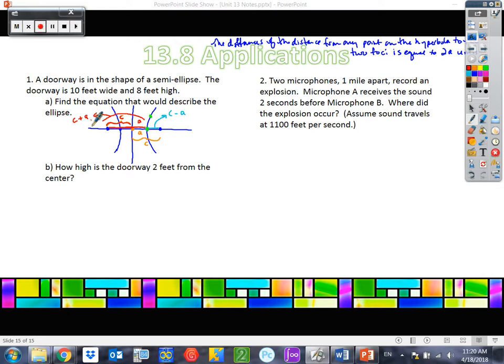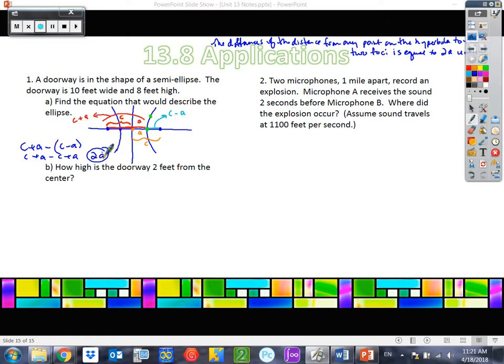All right, so what we're told is the difference between the distances. C plus A is the bigger distance. So let's work on the formula, the difference. C plus A minus our other distance, C minus A. Let's combine like terms: C plus A minus C plus A. The Cs drop away and we get, amazingly, 2A.